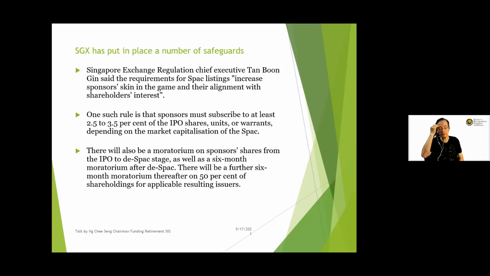So they put in a number of retention periods for the sponsor shares from IPO to de-SPAC, so they tie down the management team so that they don't do things improperly. They make sure that they put their money where their mouth is.